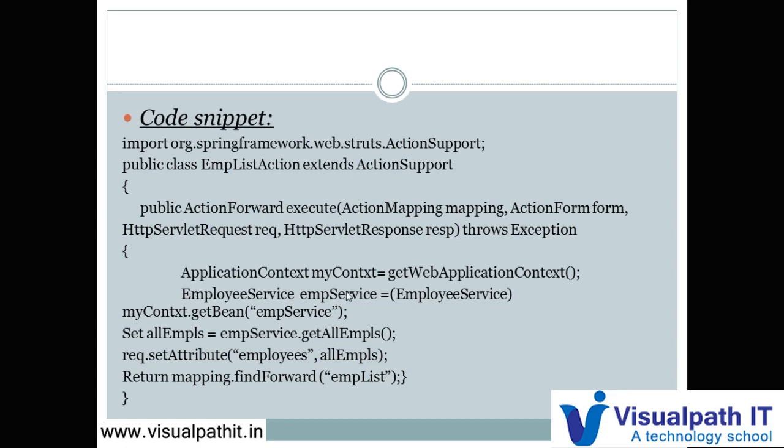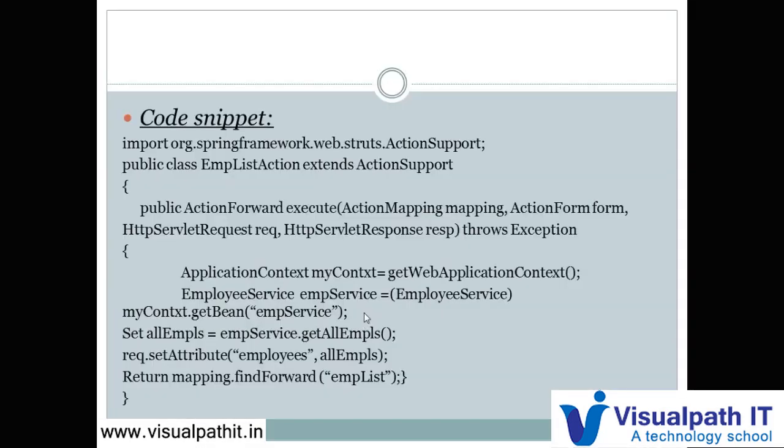The reference, myContext here, is the reference of the application context. It calls the getBean method to retrieve the Spring-managed bean, that is the EmployeeService. This is how it is done. Okay, thank you.